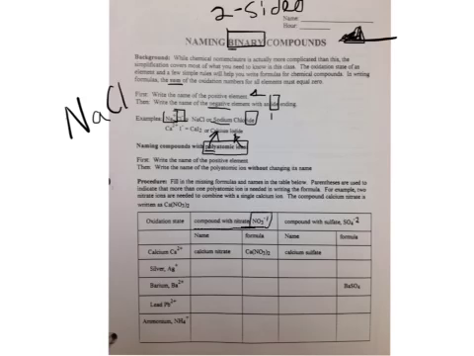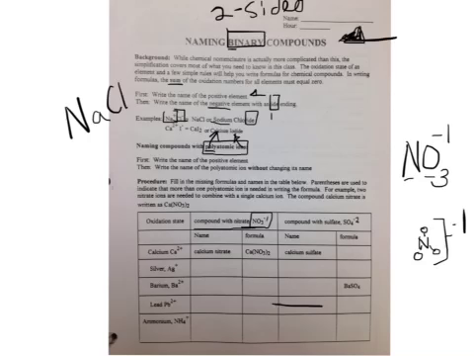Nitrate, NO3, over here on the side, is one atom of nitrogen combined with 3 atoms of oxygen. And overall, they kind of work together as a unit, and they're going to carry a charge together of -1. You can think of it as NO3. Here's our nitrogen with 3 oxygens surrounding it, and overall, this whole thing is going to have that -1 charge.